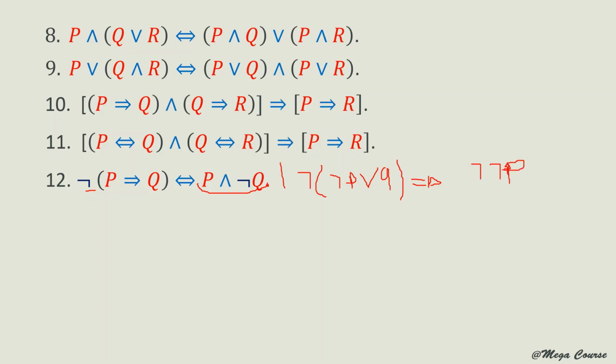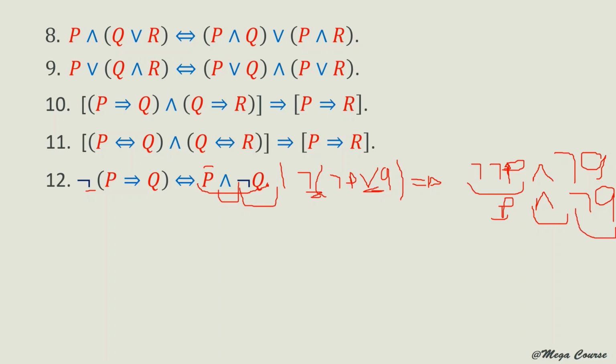My handwriting is so bad. The negation of "or" is "and", and the negation of Q is not Q. We know that this is P, this stays "and", and this is Q. So here we have P and not Q, so I have done it correctly.